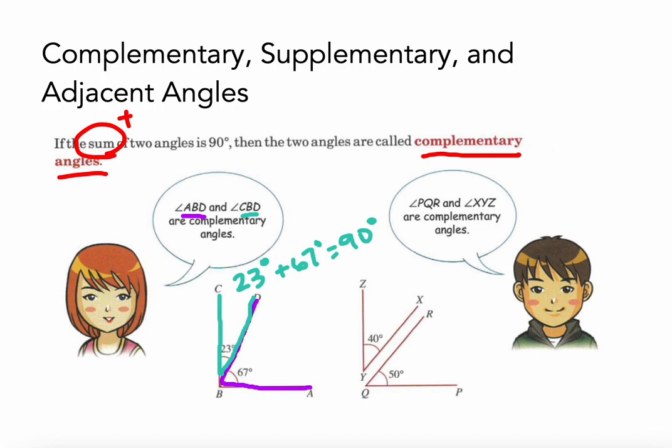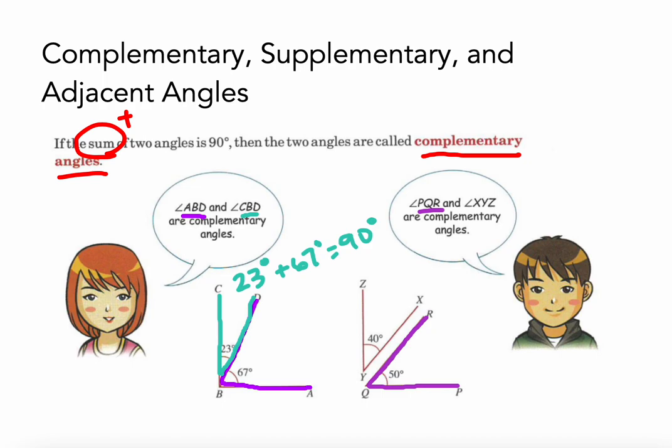You can kind of think about the word complementary like compliment, like, oh wow, your shirt really complements your pants, the color. They go well together. Here's another example, angle PQR. I'm going to put this in this purple.